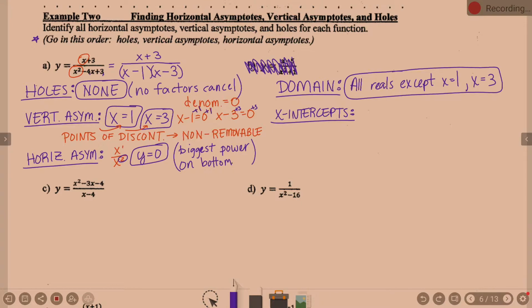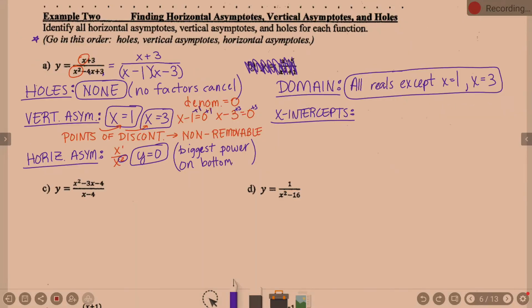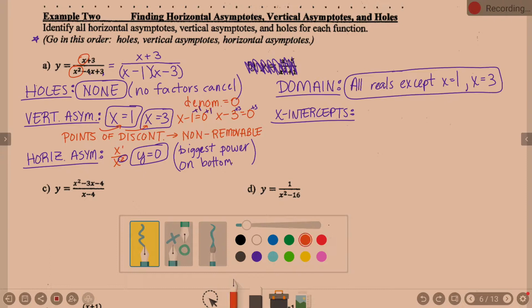X-intercepts. What did it say for x-intercepts? Numerator equal to 0. What's my numerator? x plus 3. So numerator equal to 0.